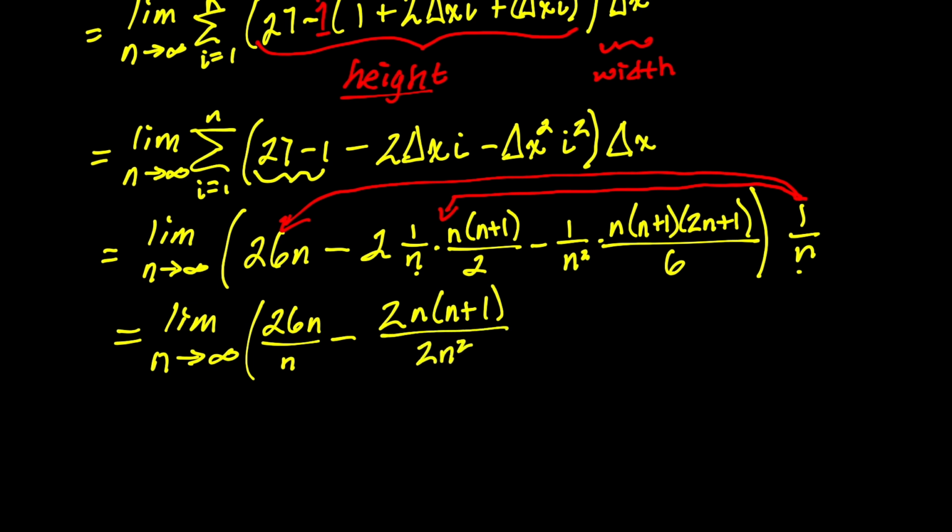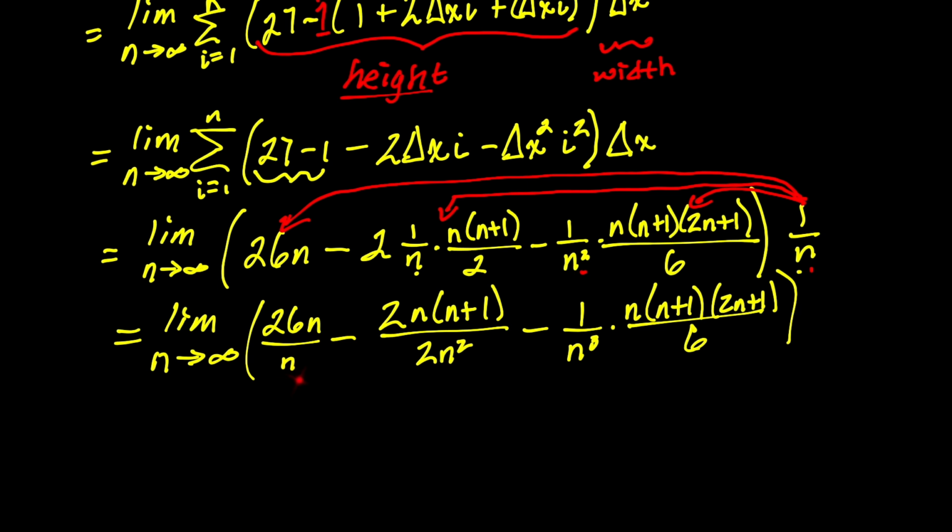You can do that. Minus, last term, we're going to distribute this on this term. So n squared times n, I'll write it this way, 1 over n cubed, n times n plus 1 times 2n plus 1 all over 6. Did I mention you're probably not going to do this until the final exam? All right, now we're going to go back to limits at infinity.